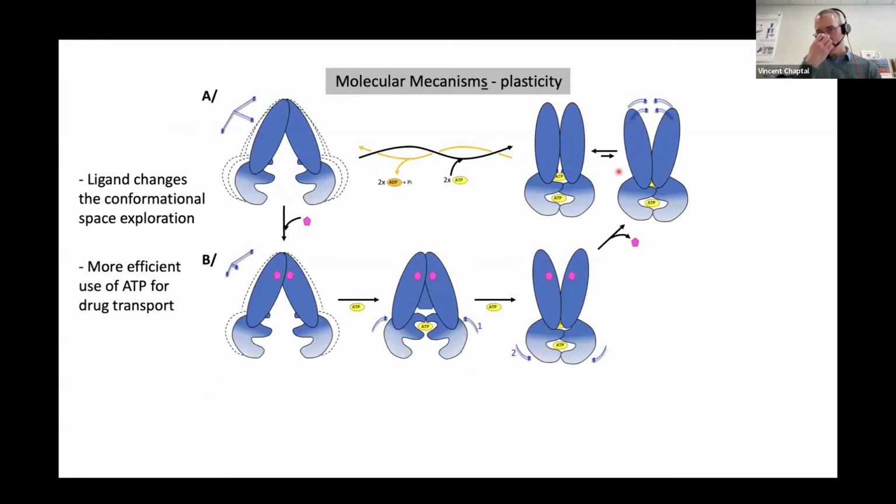So those things led us to postulate this mechanism where we observe the plasticity of this ABC transporter. It is able to bind ATP, and in that case, it binds ATP equally well between those two sites, and then it hydrolyzes ATP back, and that's what we call the native ATPase activity. In the presence of drug, it really decreases the conformational space exploration.